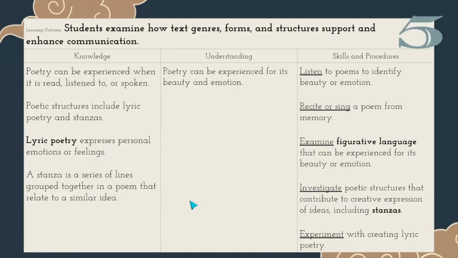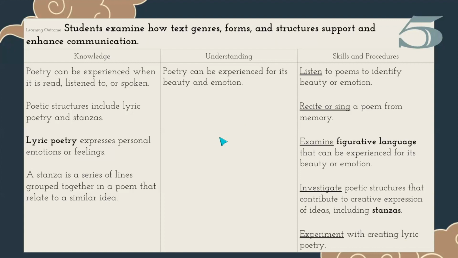In grade 5, lyric poetry is the poetry form that you have been given. So we're listening to poems in grade 5. They're asked to recite or sing a poem from memory. Of course, this connects to that oral language piece. So we're going to align elements or expectations around oral language skills and procedures to this particular one.